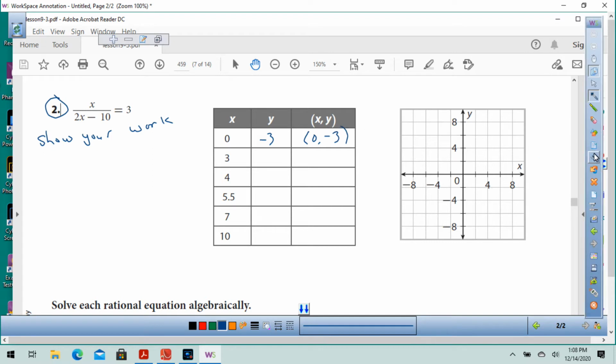I'll go ahead and draw some asymptotes for you. We'll show you how to figure those out later. And this is negative 2, so you got 10, negative 2. There's a couple that'll help you out.